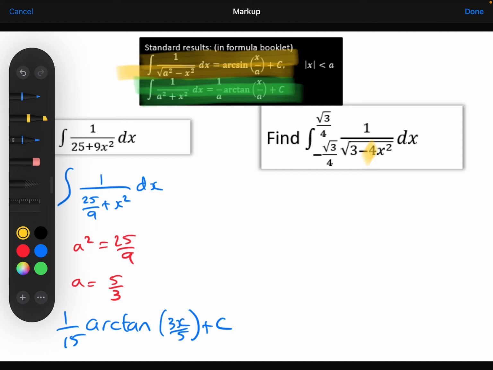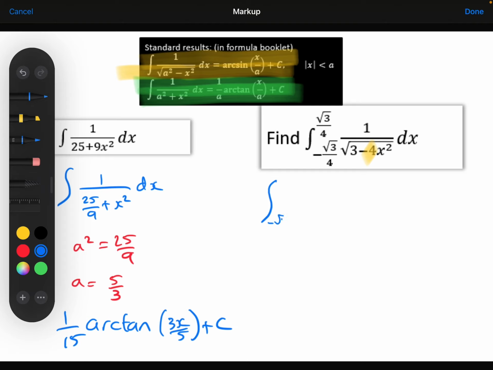Again, I don't want that to be a 4x squared. I want this just to be a single x squared. So I'm going to have to factor out a 4. But I do need to be careful because that 4 is inside the square root.